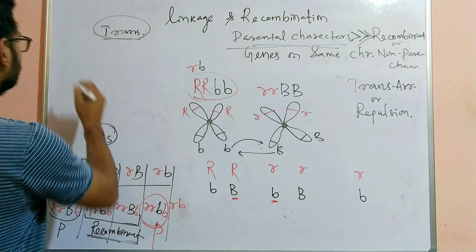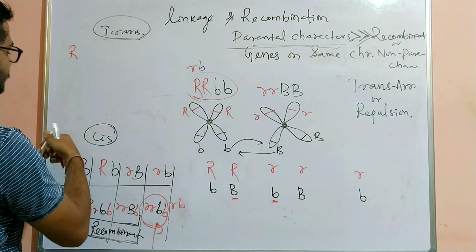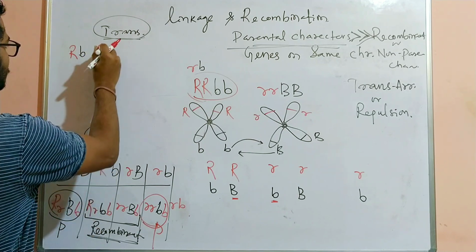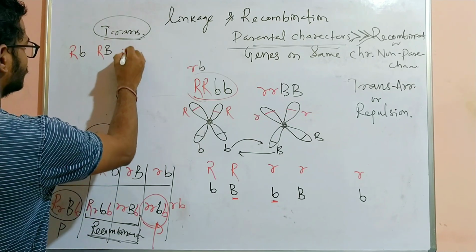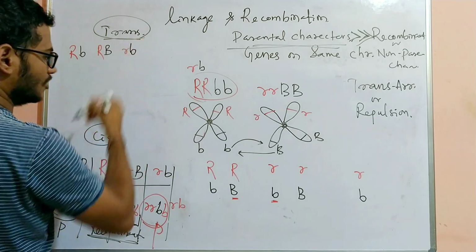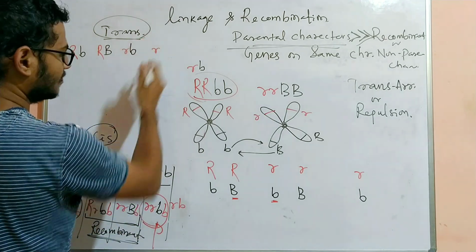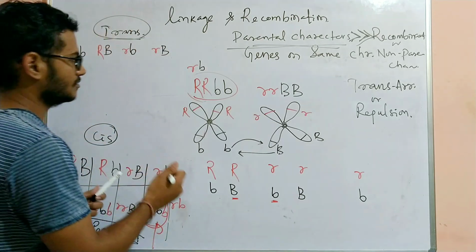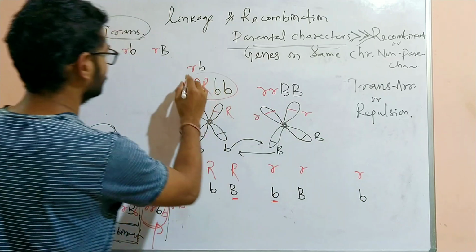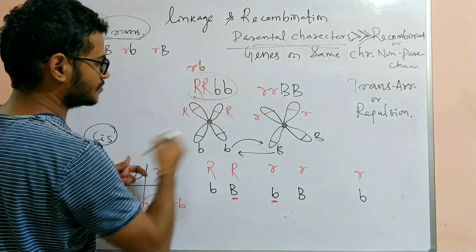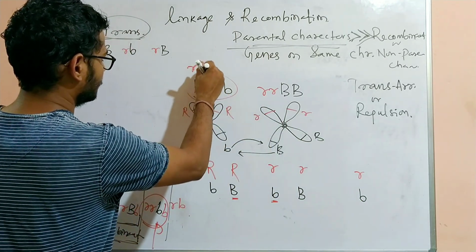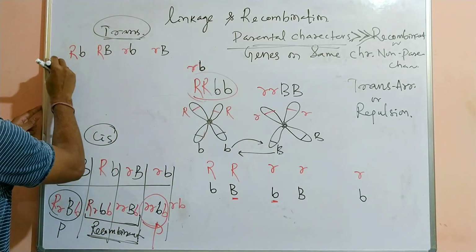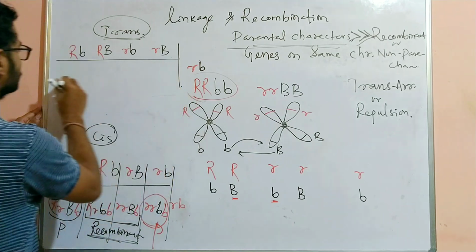Let me write them: capital R, small b; capital R, capital B; small r, small b; and small r, capital B. The parent has small r and capital B, the gamete with which we are going to make the cross.